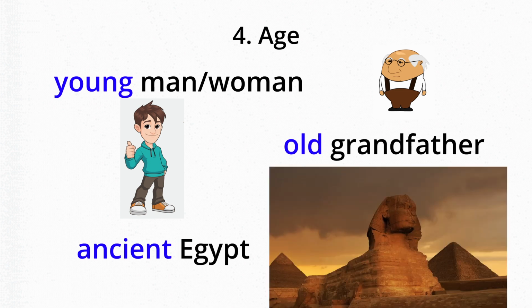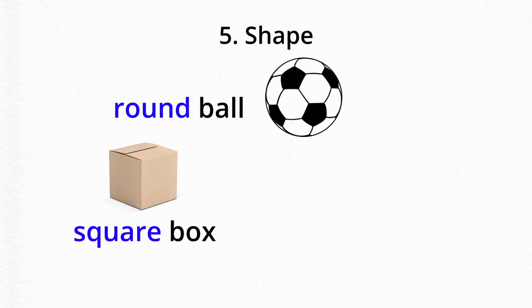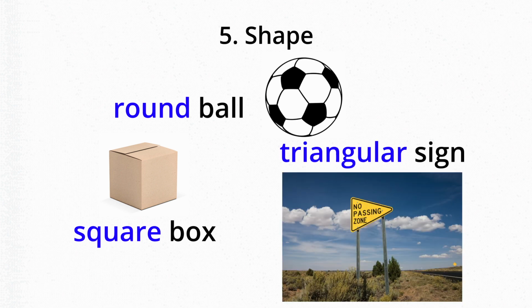Ancient Egypt. Egypt from a long time ago. Next, we come to shape. Something could be round. A round soccer ball, right? A round ball. A square box. A triangular sign. So shape is another one.